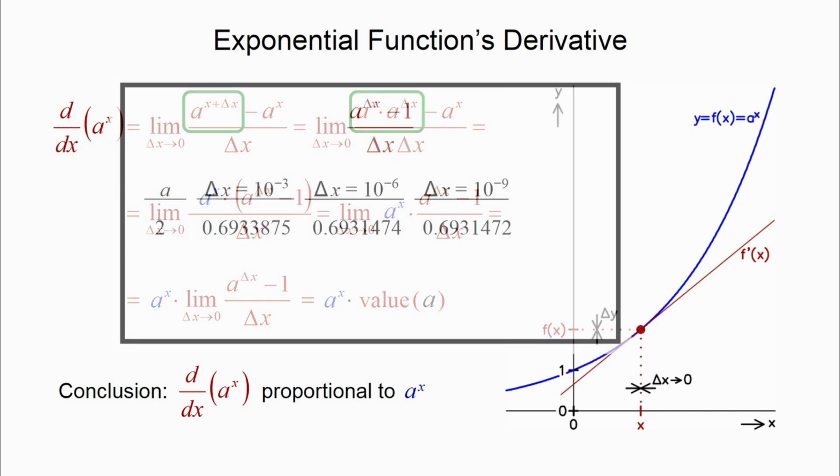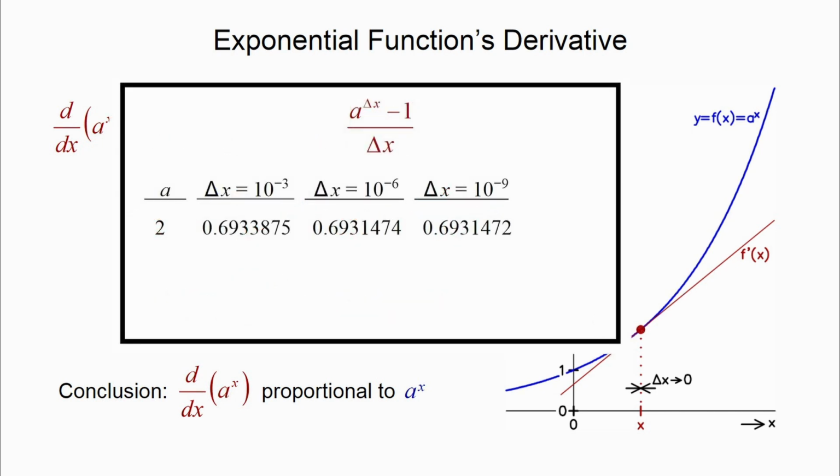An estimation of the numerical value of the limit operation for certain values of a can be found by evaluating the expression for various small sizes of delta x. If 2 is chosen for a, and 10 to the negative 3, 10 to the negative 6 or 10 to the negative 9 respectively for delta x, we observe that the first 3 decimals of the result don't change.